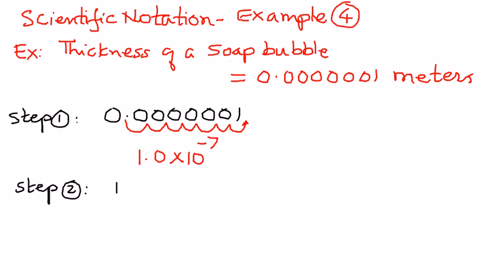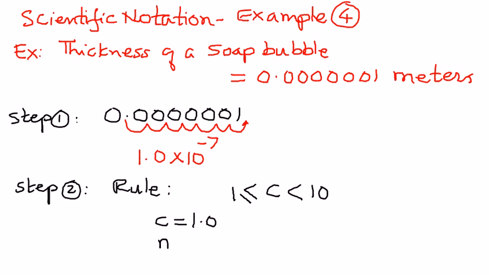According to our rule, the number C should be greater than or equal to 1 and less than 10. So C here is 1.0, which is greater than or equal to 1, and the value of n in 10 to the power of n is equal to negative 7, which is an integer.